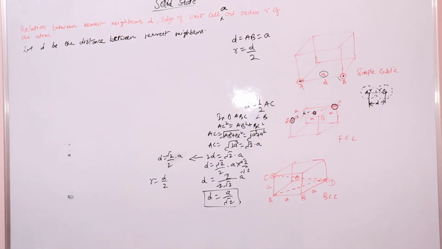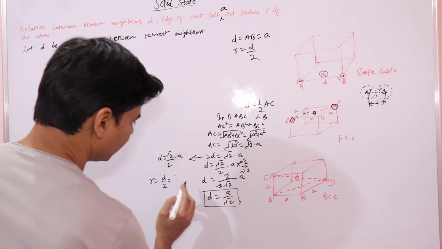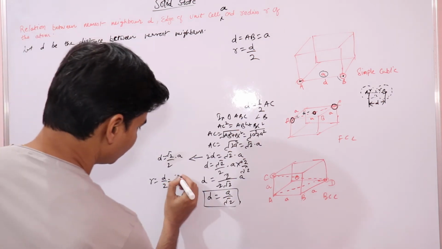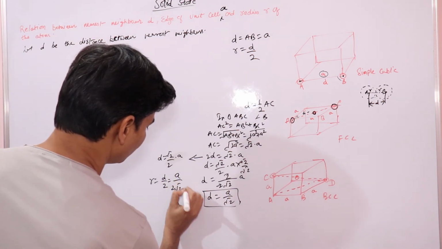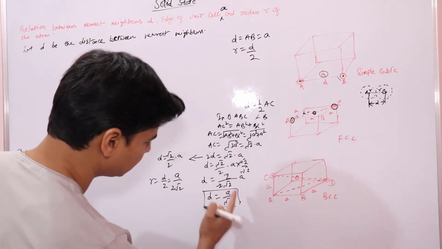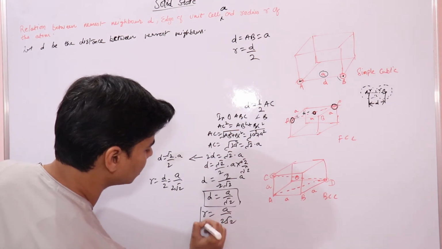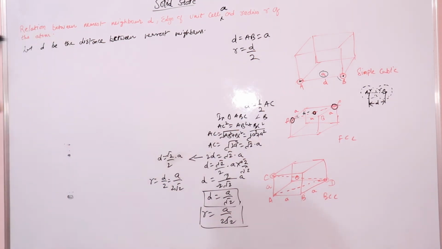So R is equal to A upon, the value of D is A upon root 2, so this would be A upon 2 root 2, right? So we have two relations. One is D is equal to A by root 2 and R is equal to A upon 2 root 2, right? These are the two relations that we have now.